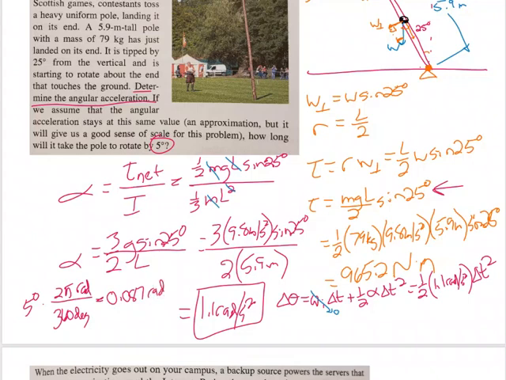Okay, so this all is equal to 0.087. So now we want to solve for delta t. We're going to multiply by 2, divide by 1.1, to get delta t squared by itself. Then we'll square root both sides. So in the end, we wind up with delta t equals the square root.